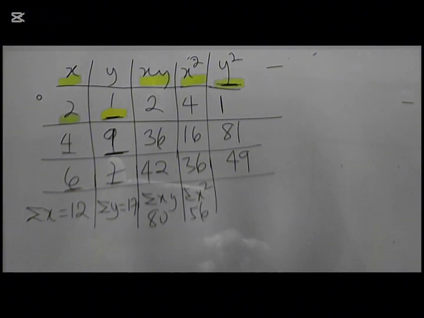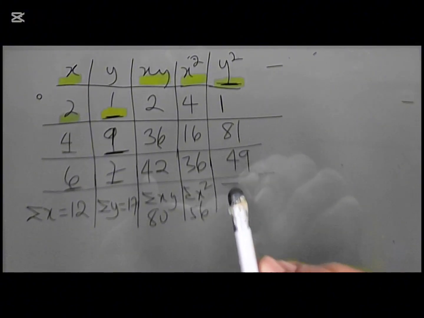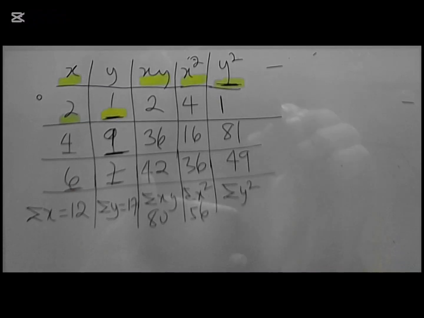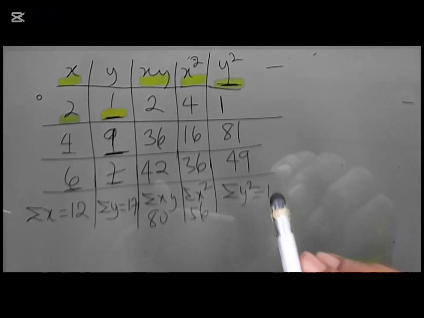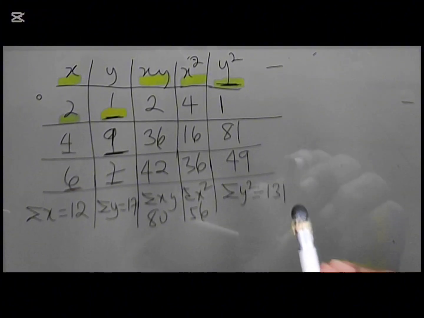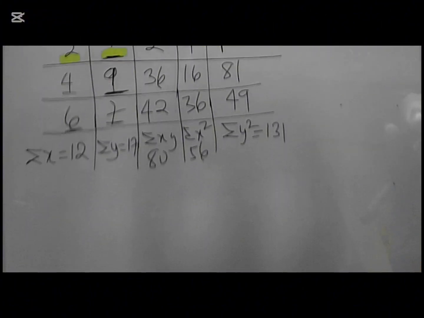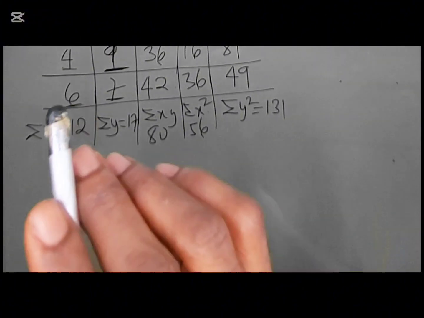So to get the sum of y squared, we say 1 plus 81 plus 49. We have the answer to be 131.